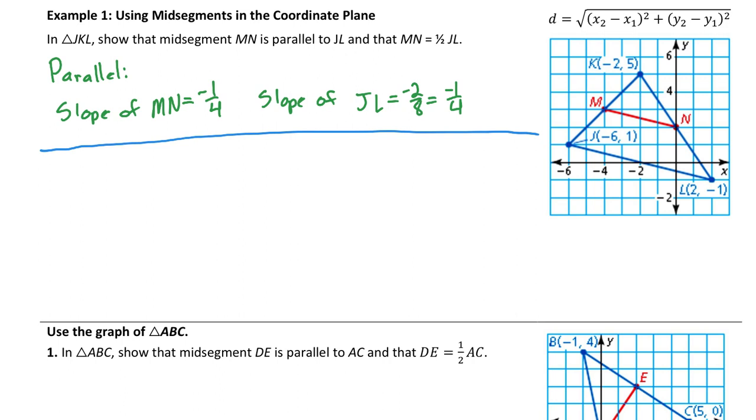The other part, showing that MN is 1/2 the length of JL, we've got to find the distance between M and N. So I'm going to do a quick reminder of the distance formula, which we've done a while ago, but we're going to come back to it: the square root of x2 minus x1 squared plus y2 minus y1 squared. So I'm just going to find the length of MN.